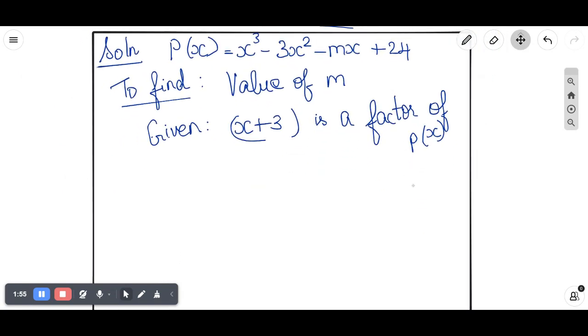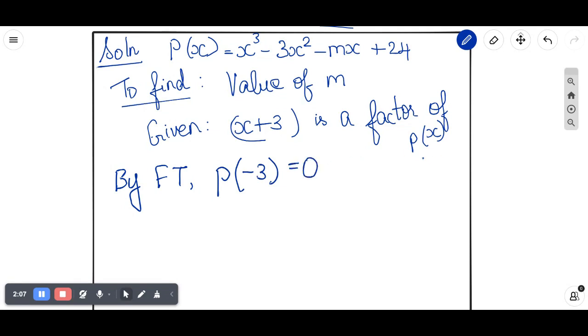As per the factor theorem, you can write p of minus 3 is equal to 0. How did I get this minus 3? Just take your factor and equate it to 0. x plus 3 is equal to 0, which means x is equal to minus 3.